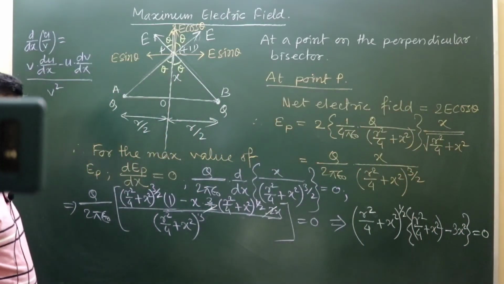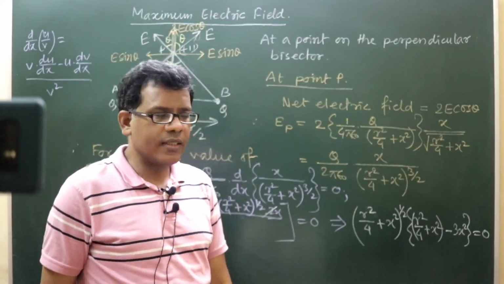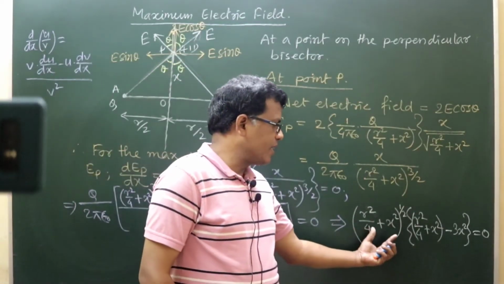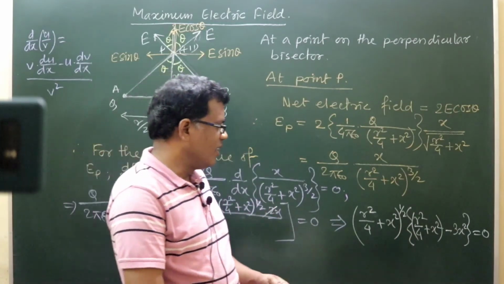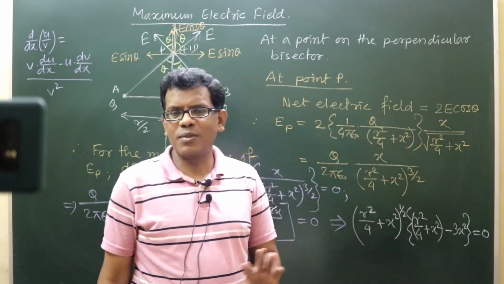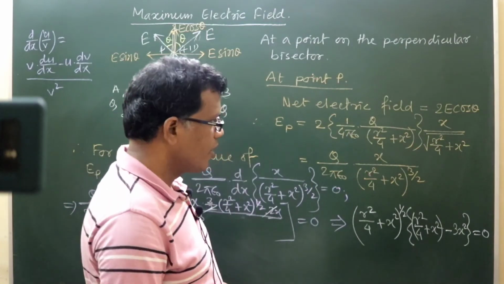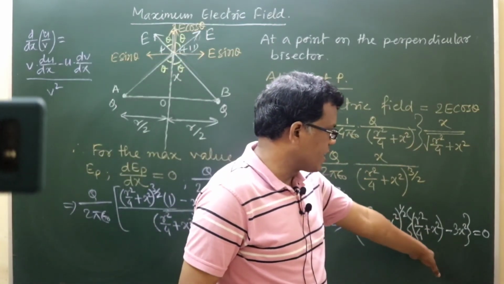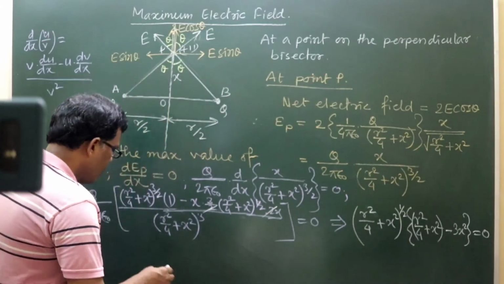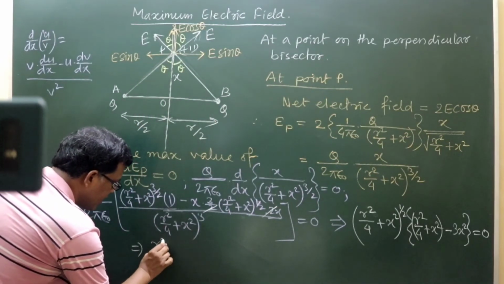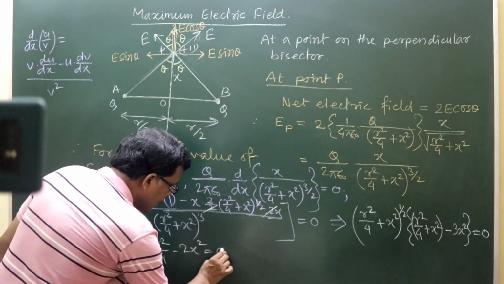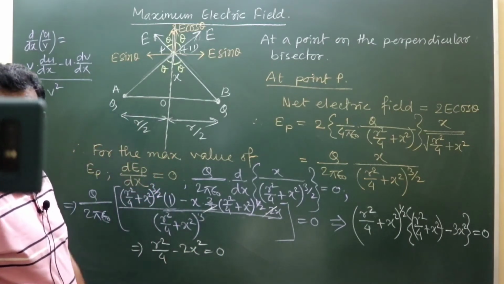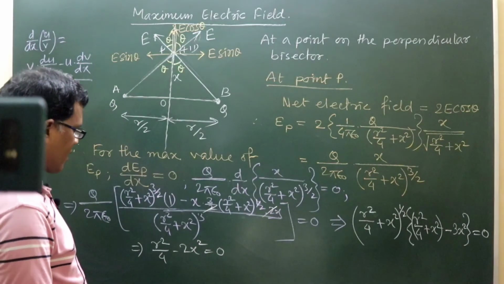Got it? From this derivation, the first factor being the sum of two square terms can never be 0, sum of two perfect square terms can never be 0, right? So only the second factor can be 0. Simplifying it, we get r square by 4 minus 2x square equal to 0, right? x square minus 3x square, you can see from the second factor.